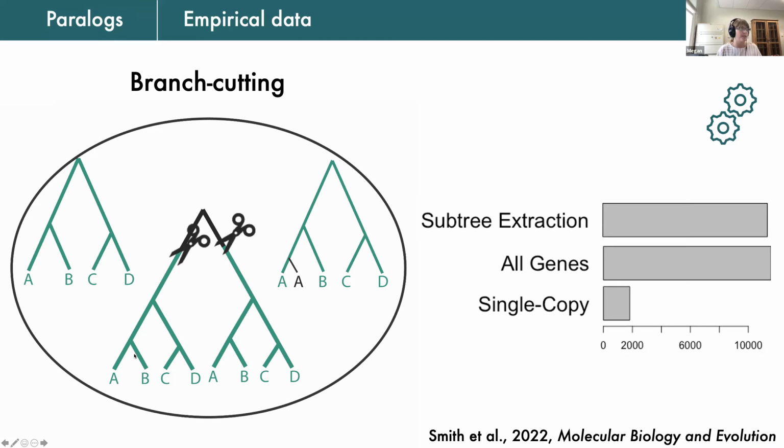So for example, in this case, where we have 2 different subtrees, each with all 4 species present, we can cut out the left subtree and we can cut out the right subtree and use each as an ortholog for downstream inference. So by using either the subtree extraction, branch cutting approach, or all genes, we can include far more data. We're including almost all 18,000 genes using these approaches. We also used a couple of other approaches, which I won't talk about here, but the results were fairly similar.